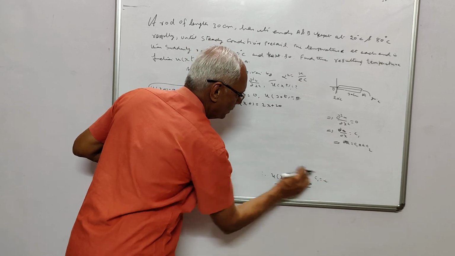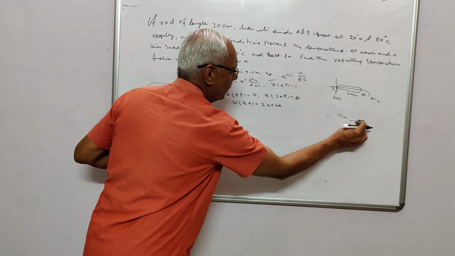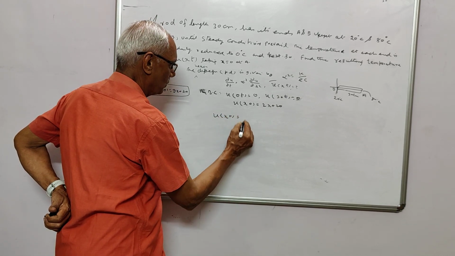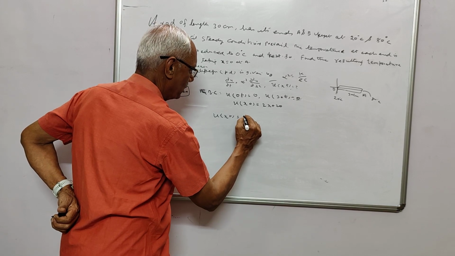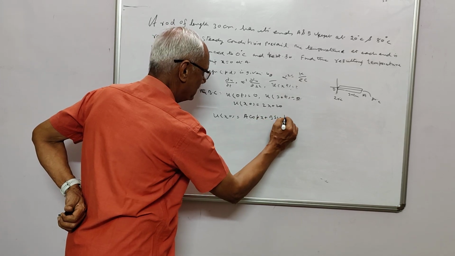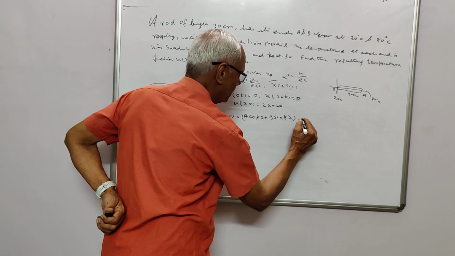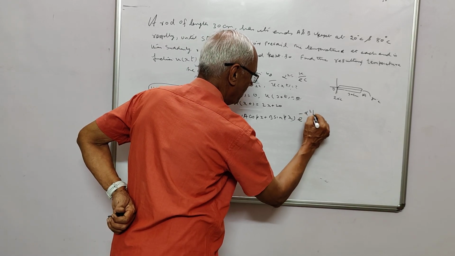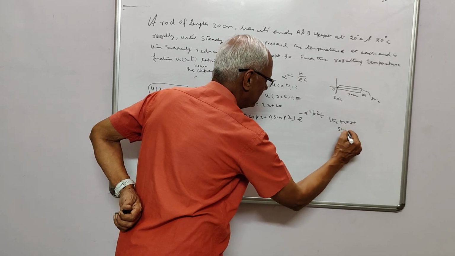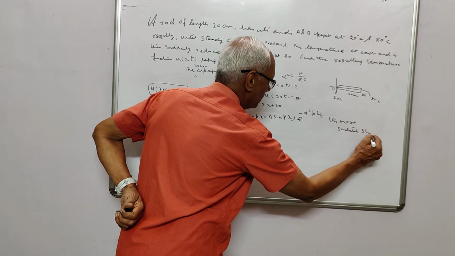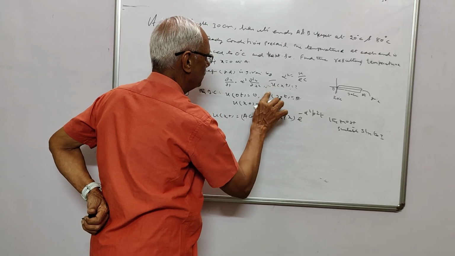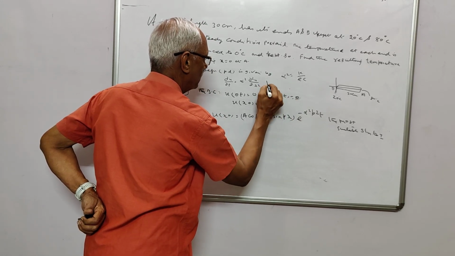Now we have to get the value of U of x,t. Now U of x,t is equal to (a cos px plus b sin px) into e to the power of minus alpha squared p squared t, the most suitable solution to 1.